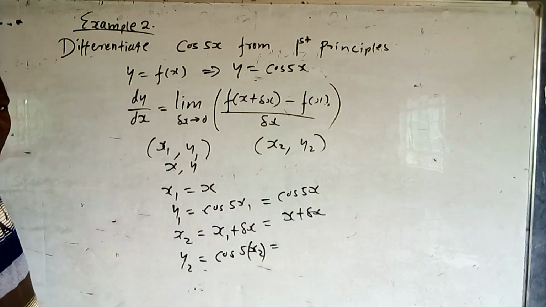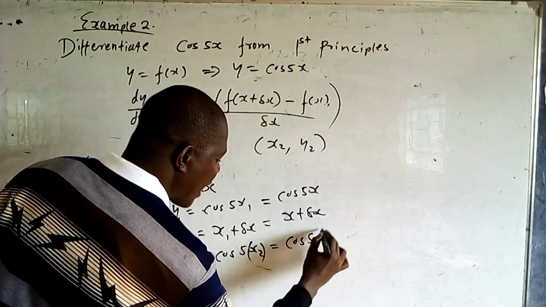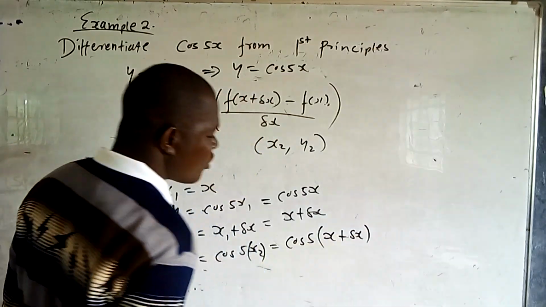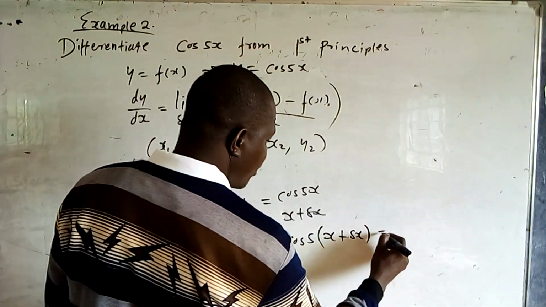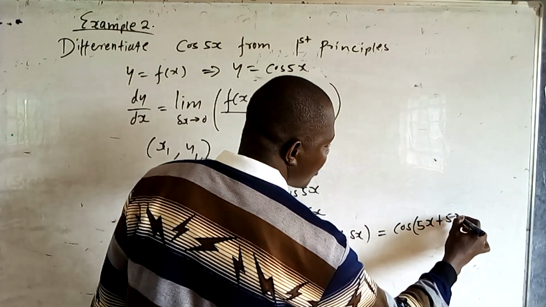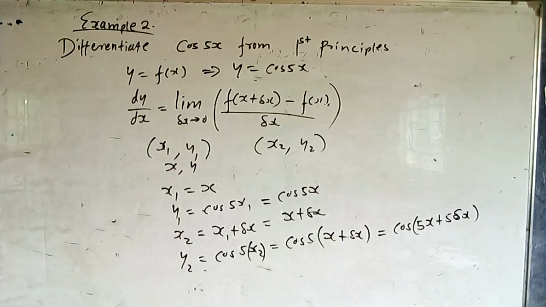So you get cos 5 bracket, the value of x2, which is x plus change in x. Taking 5 inside the bracket, that is cos of 5x plus 5 change in x.